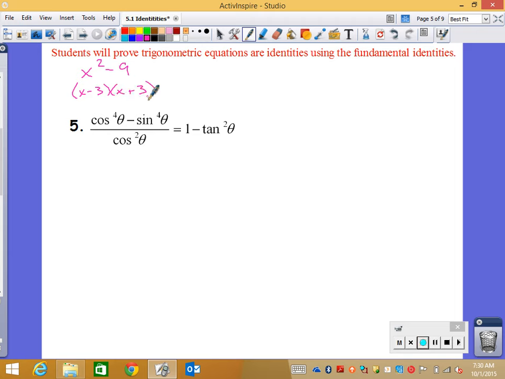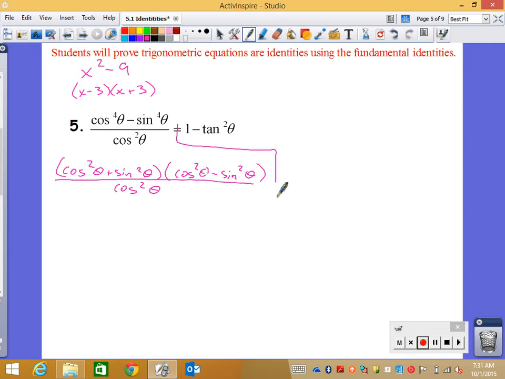Same idea here. I can factor cosine to the fourth minus sine to the fourth as cosine squared theta plus sine squared theta, times cosine squared theta minus sine squared theta, and that's still all over cosine squared theta.